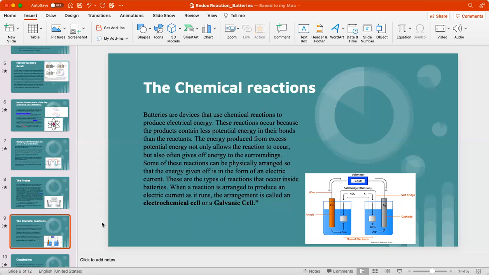Some of these reactions can be physically arranged so that the energy given off is in the form of an electron current. These are the type of reactions that occur inside batteries. When a reaction is arranged to produce an electron current as it runs, the arrangement is called an electrochemical cell or a galvanic cell.